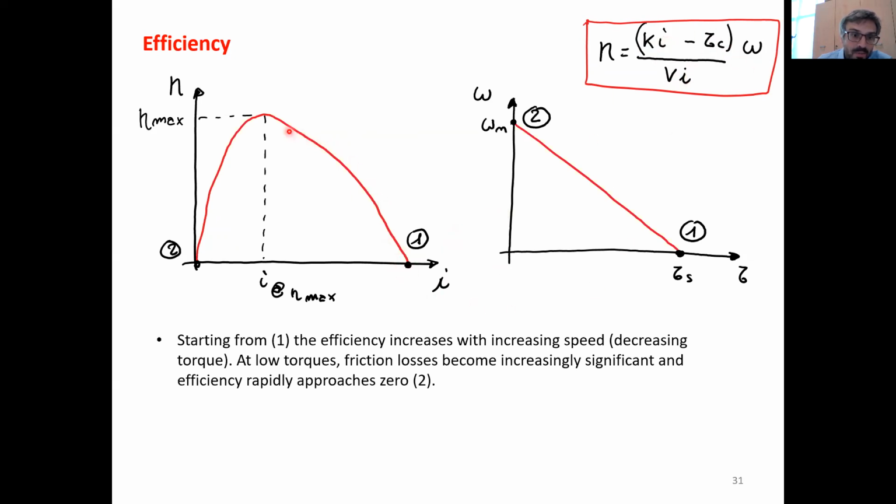But then after some point, for low torque, which is in this situation, the Coulomb torque starts to be important, or these two terms start to be similar.